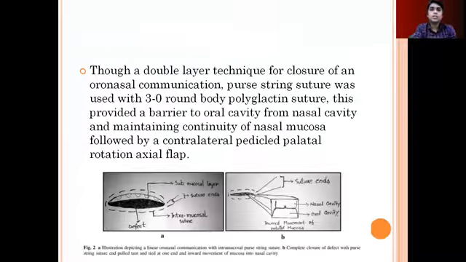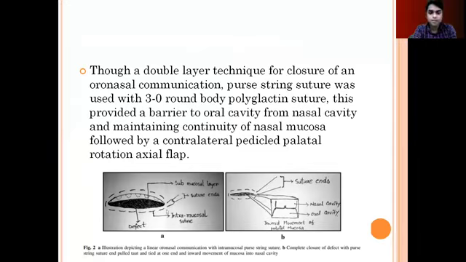However, in one journal, I came across the double layer technique for the closure of oronasal communication. In this, a purse string suture was used with 3-0 round body polyglactin suture, which provided a barrier between the oral cavity and the nasal cavity. And after this, a contralateral pedicled palatal rotation axial flap was given.